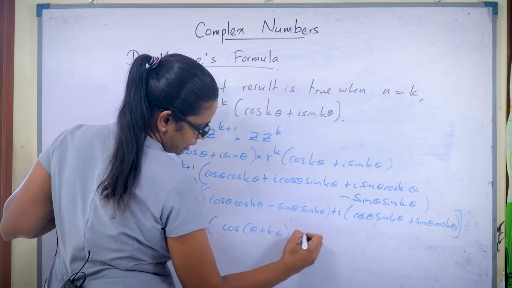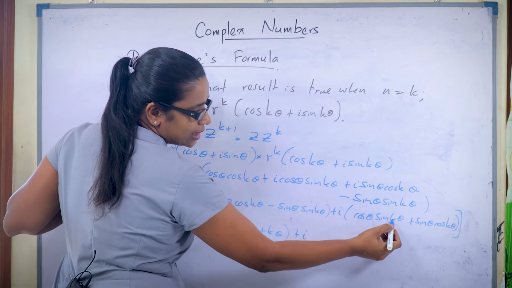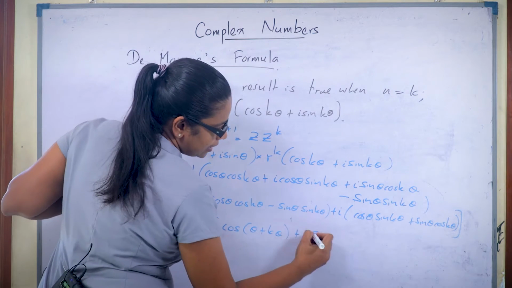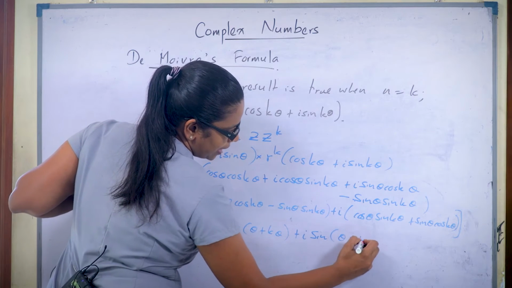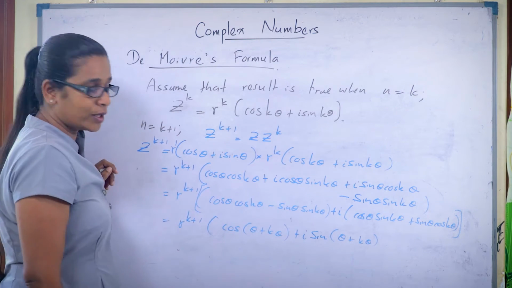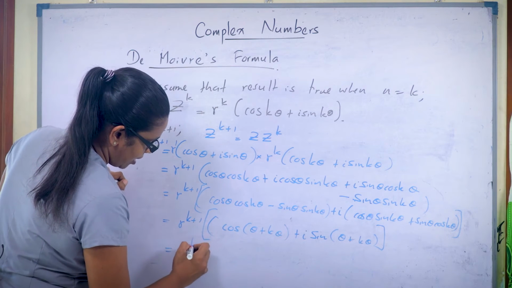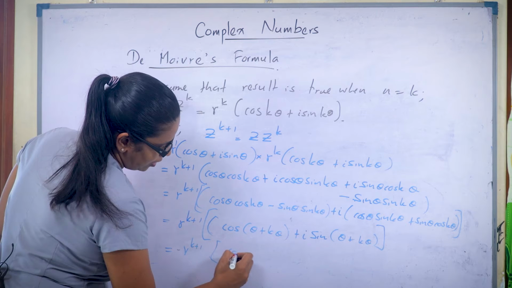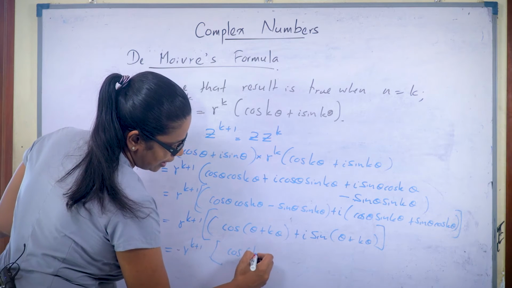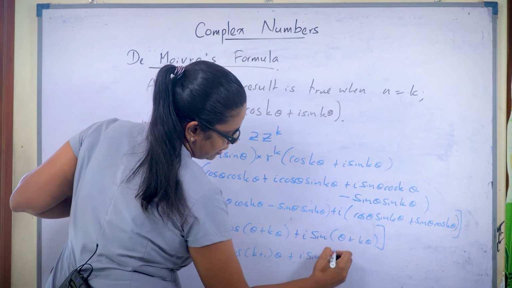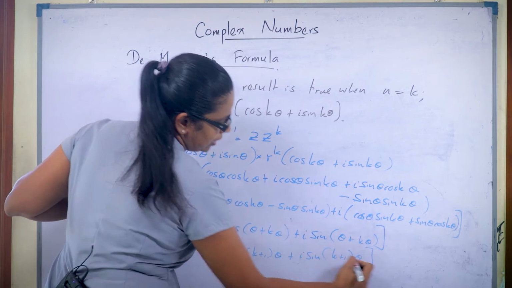Now if you consider this one, i cos theta sin k theta plus sin theta cos k theta, that means this is sin(theta plus k theta). Now look at what has happened. r^(k+1), here cos you can write as (k plus 1) theta, i sin (k plus 1) theta.